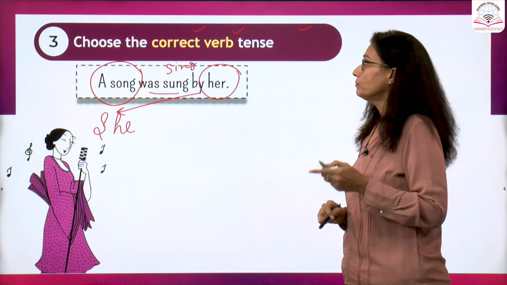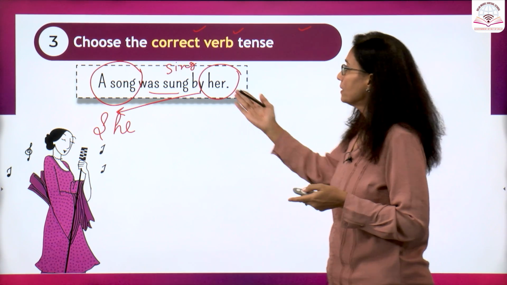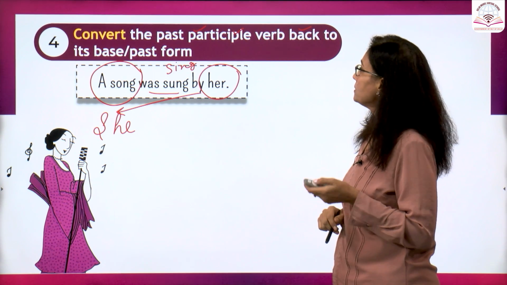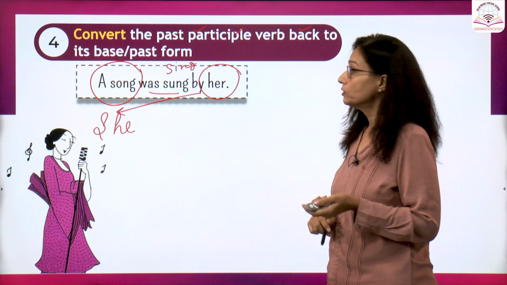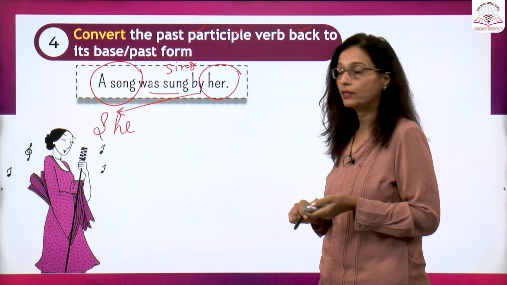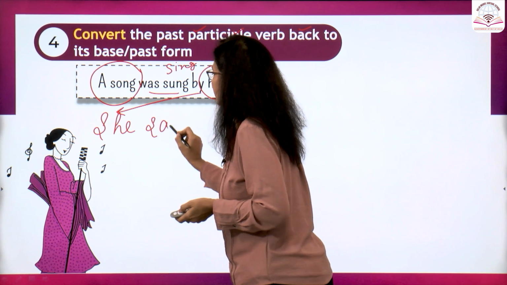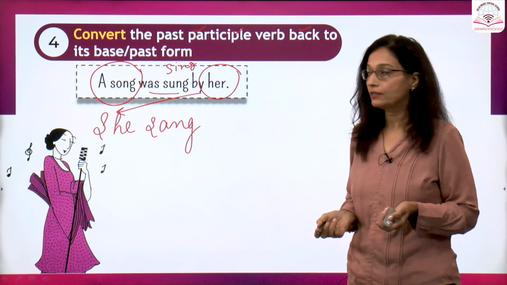Choose the correct verb tense. Which verb tense is being used here? It is simple past. Now convert the past participle verb back to its base past form. So since this is simple past, the form of sing that we will use here is sang. And then we will move further and complete our sentence.